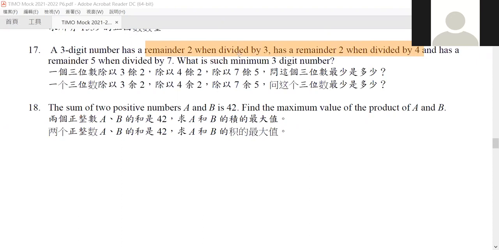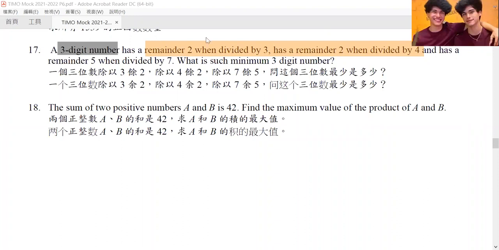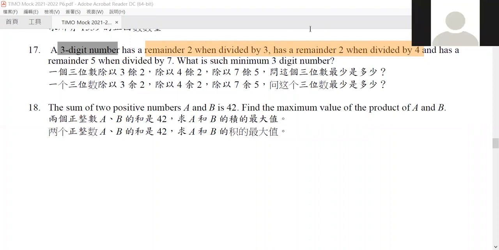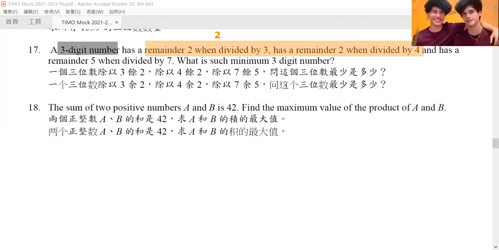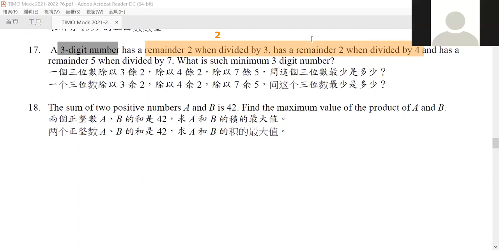Do not consider the last condition first. The easiest number that satisfies these two conditions is 2. We have yet to consider our last condition, right?